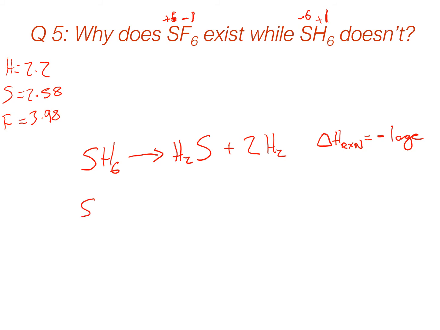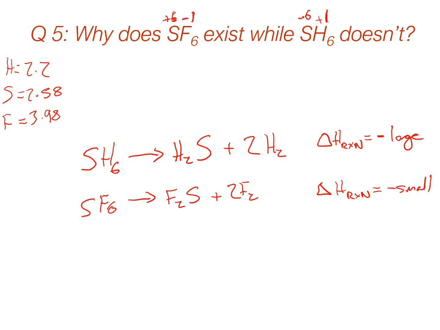If we look at SF6, on the other hand, if we say that makes F2S plus 2F2, now the fluorine-fluorine bond is nowhere near as strong as the hydrogen-hydrogen bond. So the delta H of reaction, even if it was negative, would be very small.